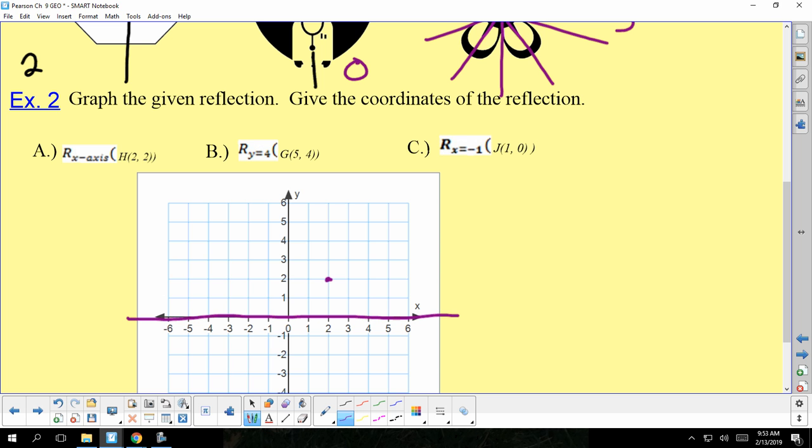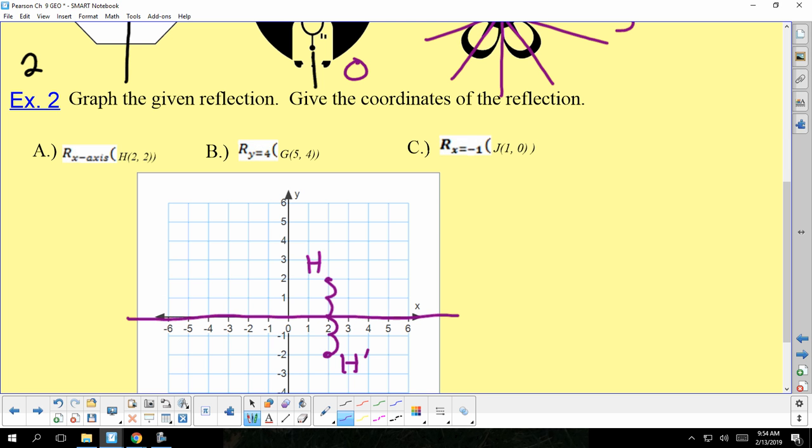The line of reflection is the perpendicular bisector of the segment that connects the 2 points. So this is point H here. So I know H prime is going to be down below. How far below? You can just go ahead and count. 1, 2. Down 2 in the opposite direction, perpendicular. There's going to be H prime. So just like that.